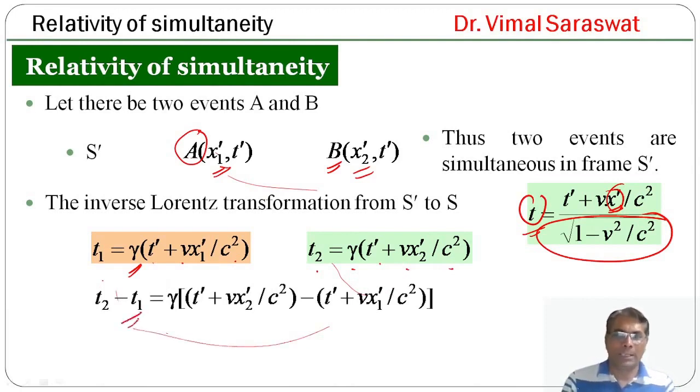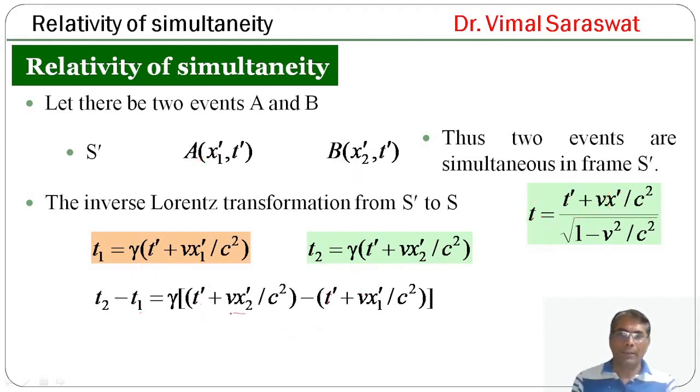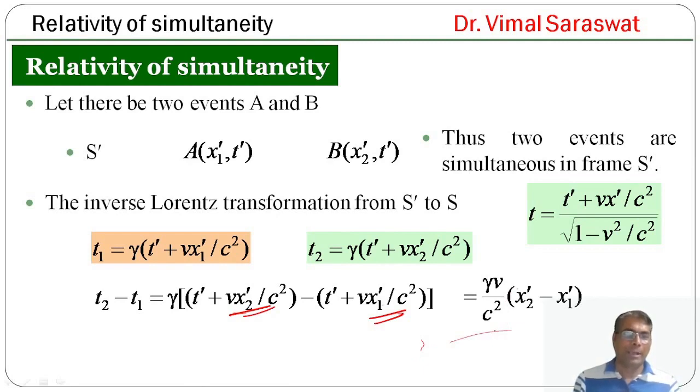Now, t2 minus t1 equals gamma into (t dash plus v x2 dash upon c square) minus (t dash plus v x1 dash upon c square). Now, t dash and t dash will cancel out. We take v by c square common in these two terms. So t2 minus t1 equals gamma v upon c square and in bracket x2 dash minus x1 dash.